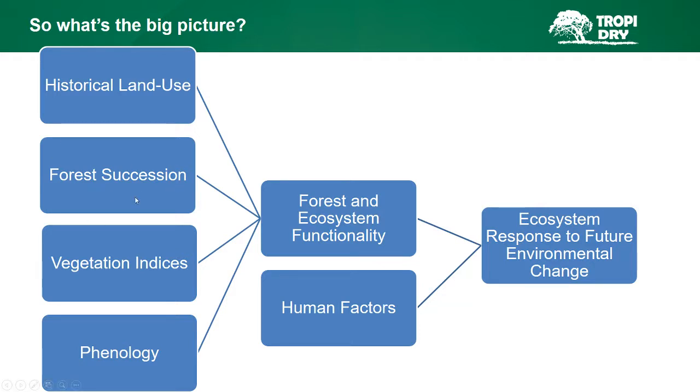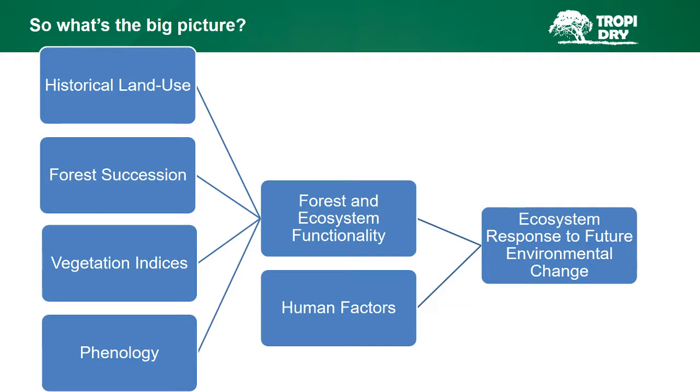Forest succession can give us an idea of just how old a forest is, what type of ecosystem services it is capable of giving us, and just how quickly a forest might come back in a region.